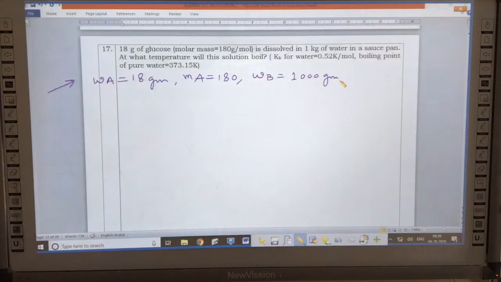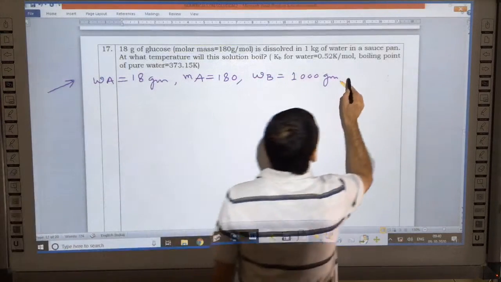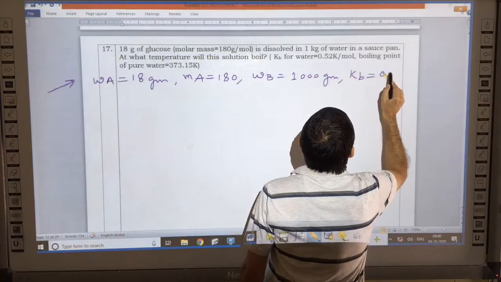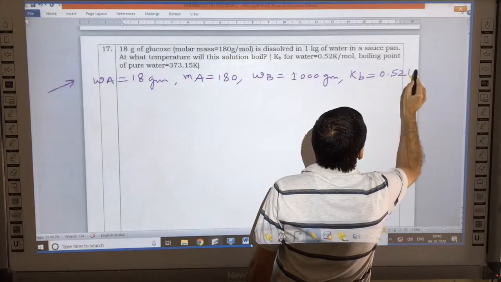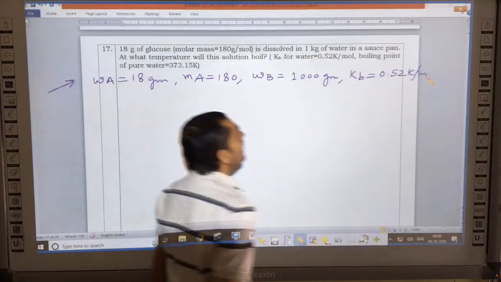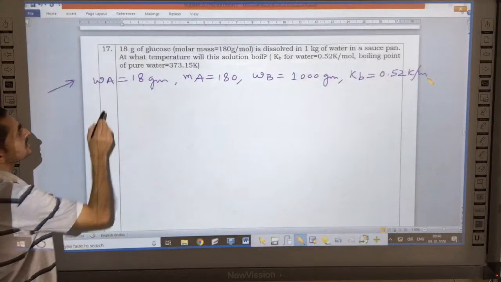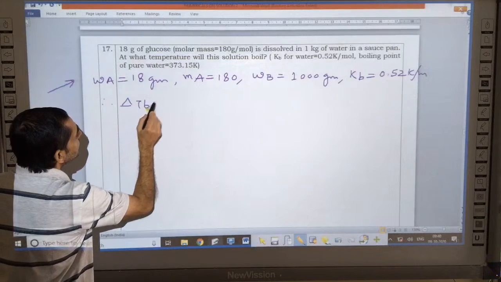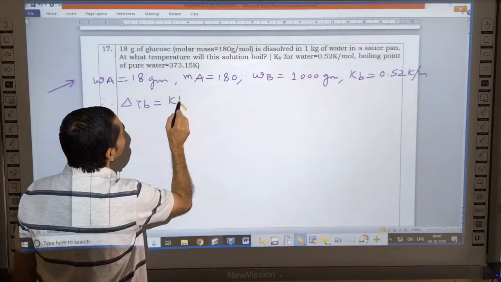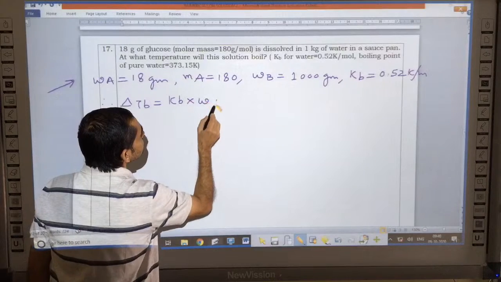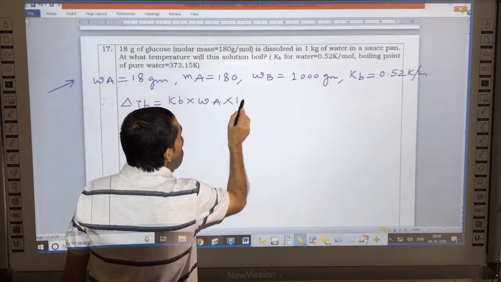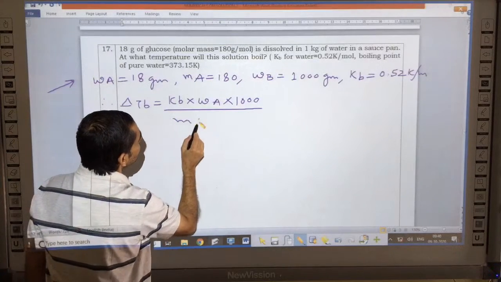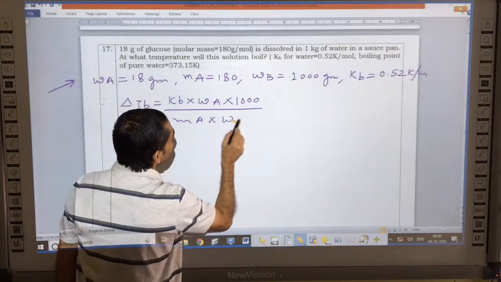At what temperature will it boil? So Kb is given, the constant Kb, that is the boiling point elevation constant, 0.52 Kelvin per mole. We have to calculate the boiling point. Therefore, you know this, delta Tb is equal to Kb into Wa into 1000 upon Ma into Wb.